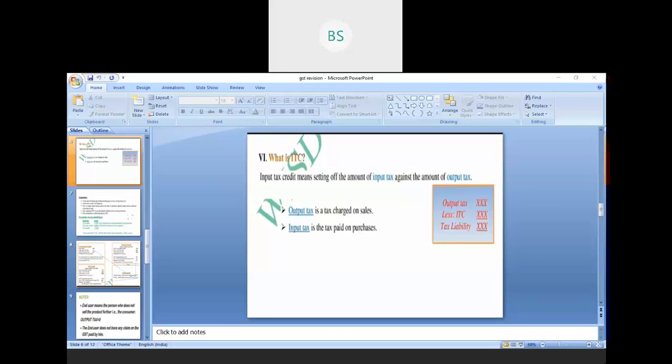Now, the GST that you pay while purchasing a product is input tax for you. And what is output tax? The tax that you pay on the sale of a particular product, which is collected from the customer, is called output tax.